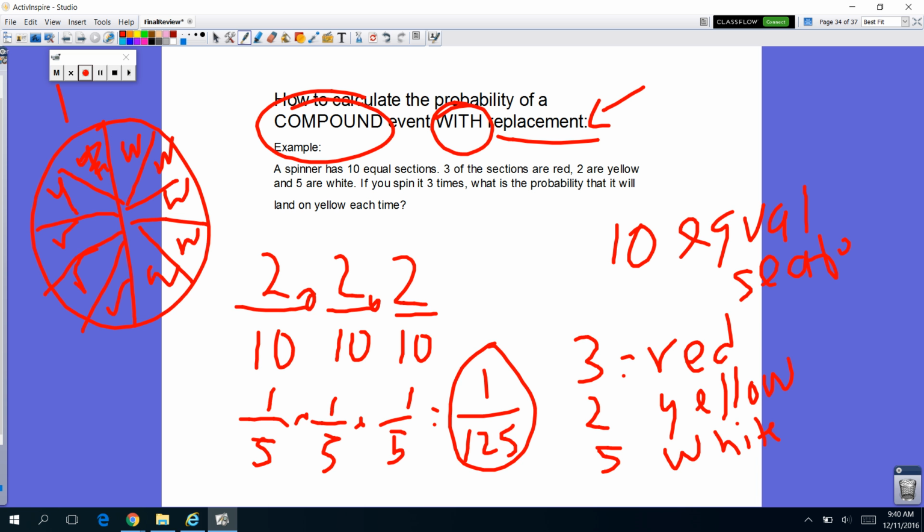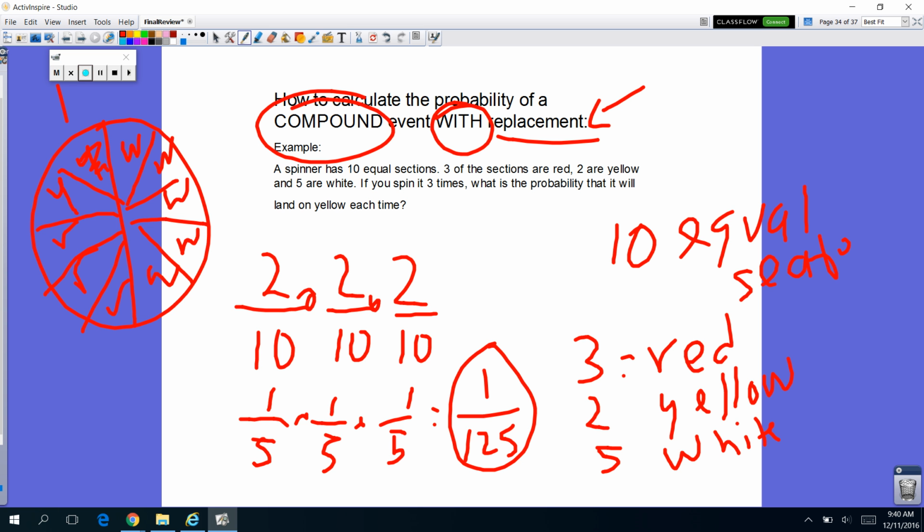Now look, the probability of getting a yellow 3 times in a row in this particular scenario is 1 out of 125. That means that you can try it 125 times, and if it holds true, it would only happen once. Okay, that probability is very tiny. It's 1 out of 125.